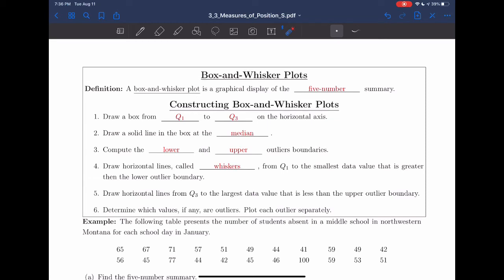And very similarly, we want to draw a horizontal line from our third quartile all the way to the largest data value that is less than our upper boundary. And then finally, we want to identify any outliers by putting a little dot or a star, just something to show that those values are our outliers. So let's do an example.